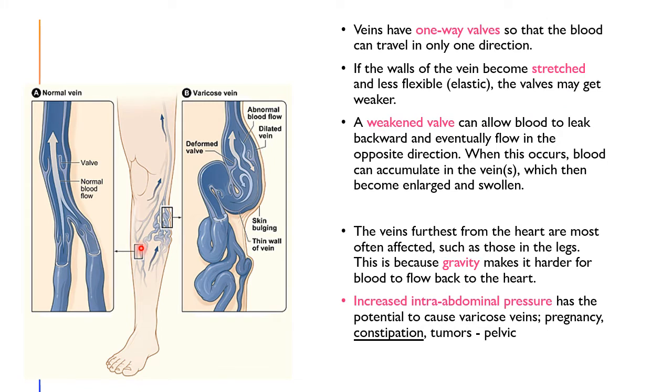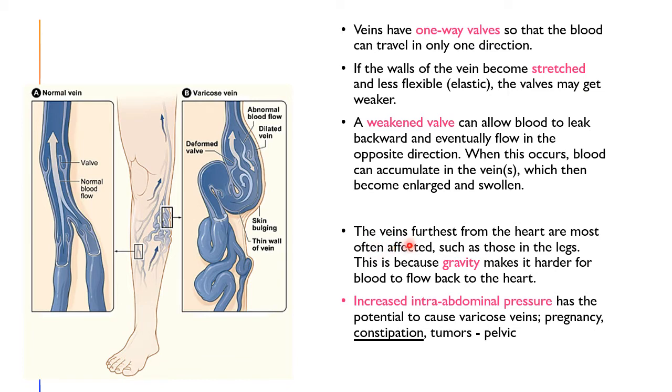When the veins become stretched, the valves become weaker and incompetent. A weakened valve can allow blood to leak backwards and eventually flow in the opposite direction, and when this occurs, blood can accumulate in the veins, which then become enlarged and swollen. So the backflow is from the deep to the superficial system, which is abnormal.